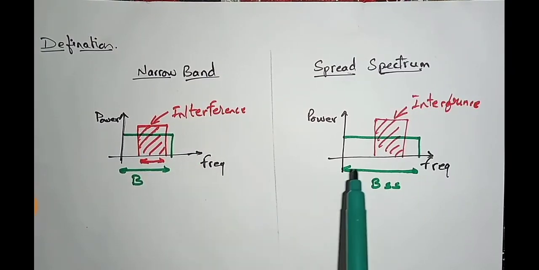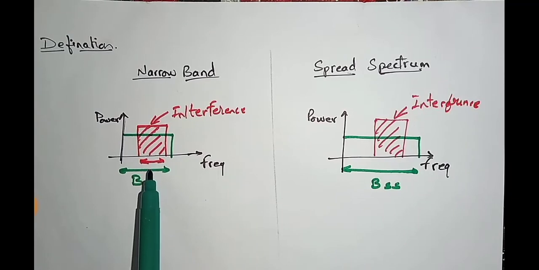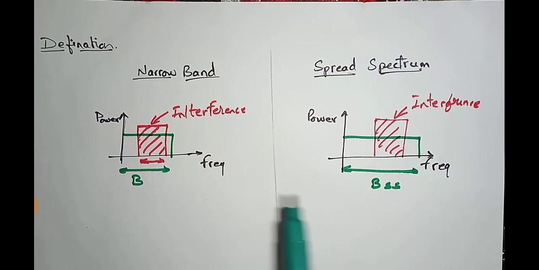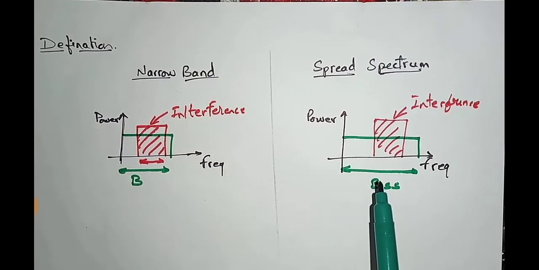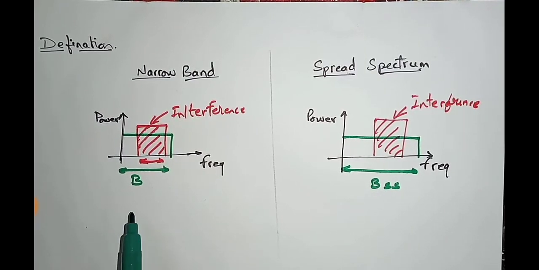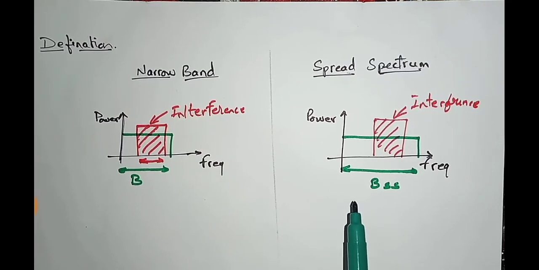Here you can observe that in narrowband, due to interference, most of the information is lost, whereas in spread spectrum, only some part of the information is lost. Thus, we can say that narrowband is easily intercepted, whereas spread spectrum is more secure.